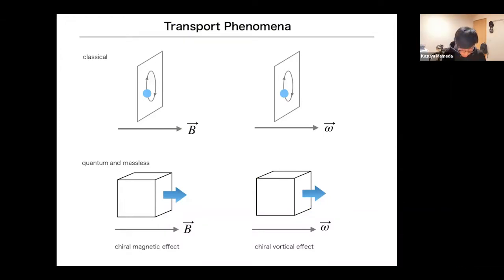So this phenomenon is a magnetic counterpart of the chiral vortical effect. So this very naive argument tells us that if the spin is coupled to some external field, then we can get something special.